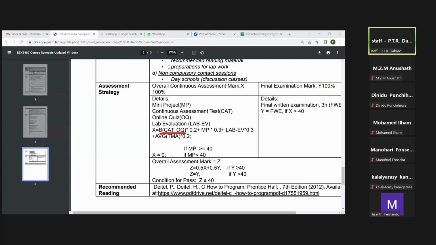It will be arranged by the regional center. So the Colombo Regional Center will arrange it and put up a display. A notice will be there, Hiranti.